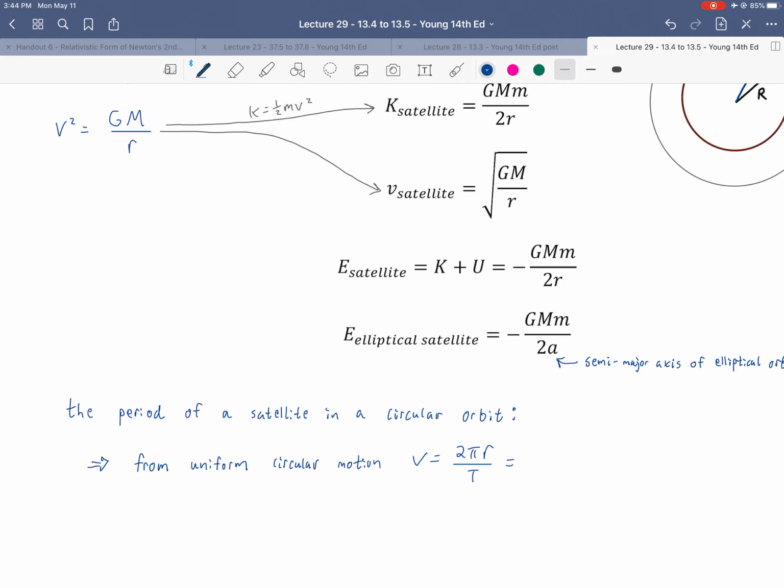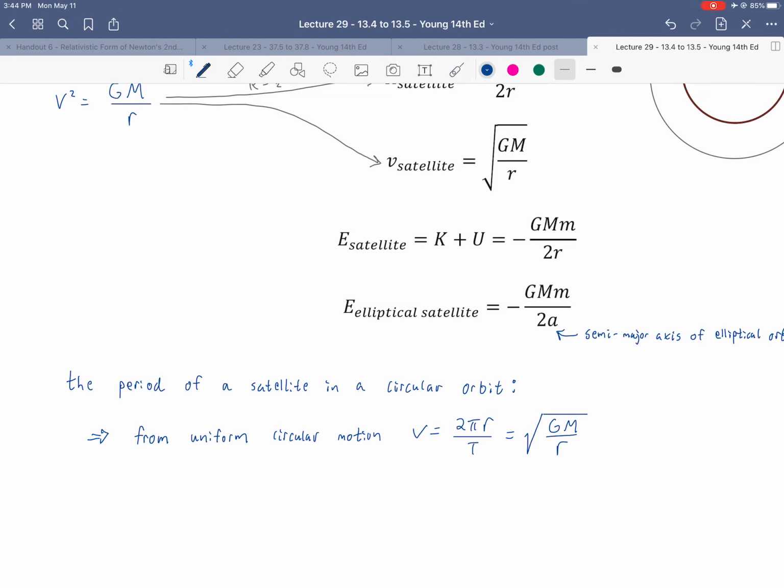And then we know that v is also equal, from the sum of forces, to the square root of GM over r. So then it's just a matter of solving for the period.